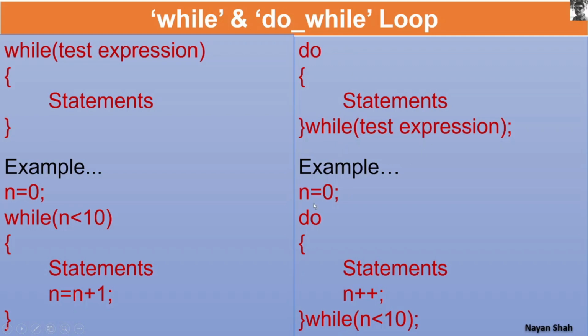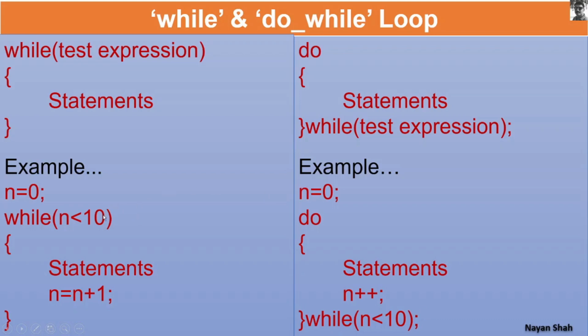For example, again n is equal to 0, we say do, open curly bracket, and we write statements, including a statement where we are changing the value of n, and then curly bracket over, and then we write while n less than 10 and semicolon.